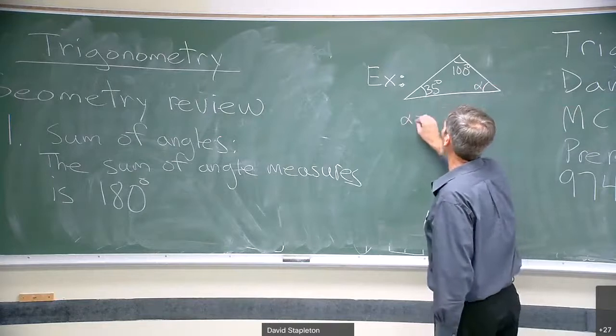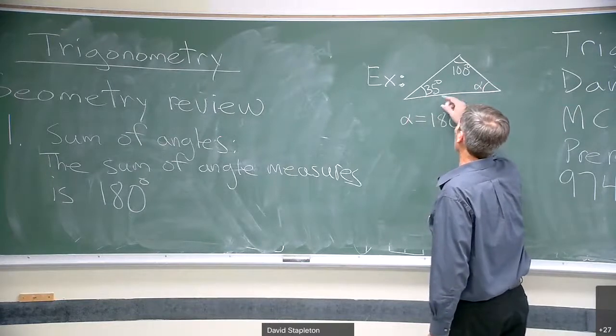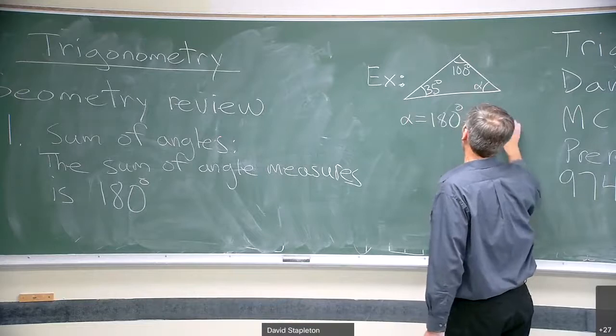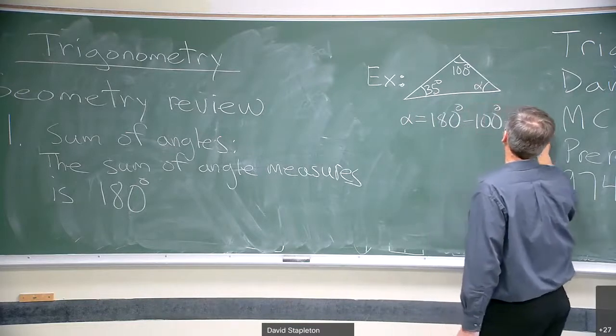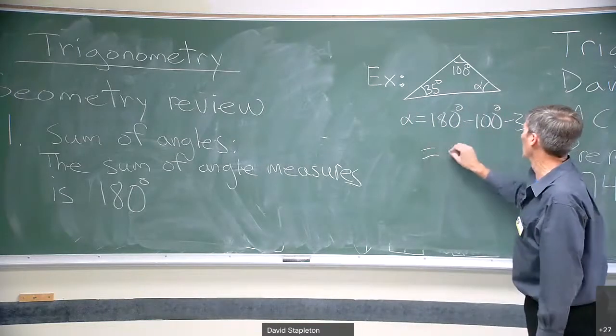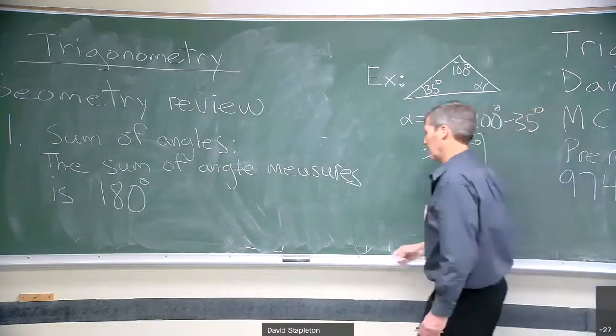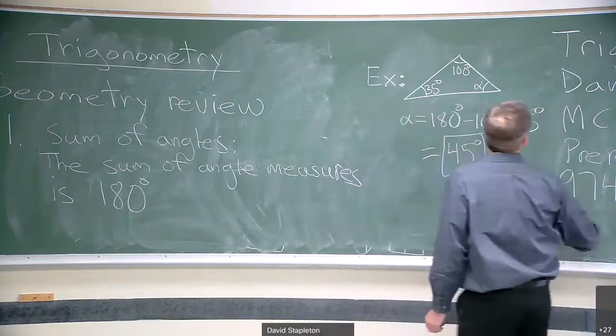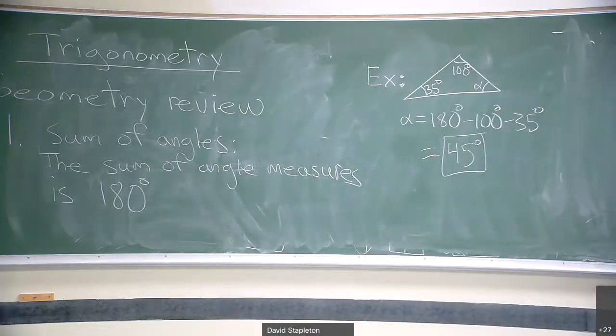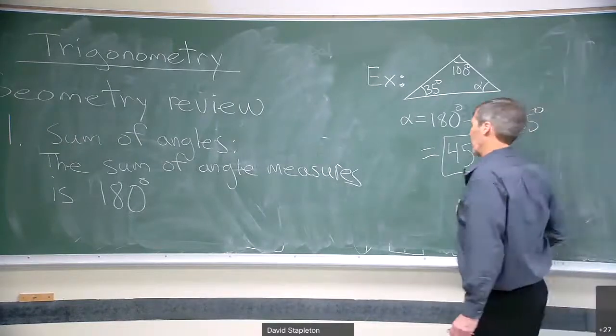You just say alpha, since these all add up to 180 degrees, is 180 minus the other ones, right? So I've got 45 degrees left. Angle measures work like this.